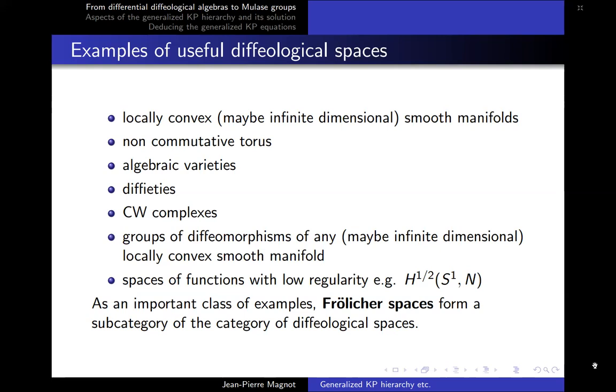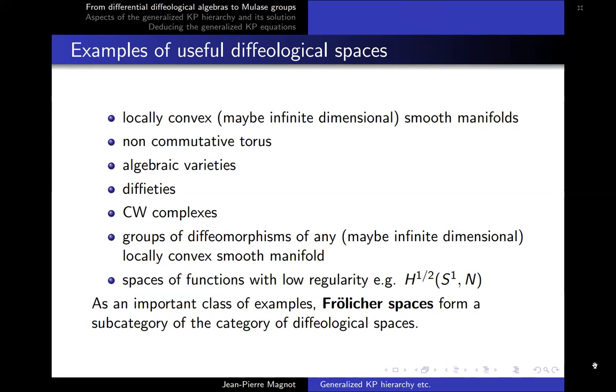Before going on, some examples. Any smooth manifold is a diffeological space, in any case, finite dimensional or infinite dimensional. The only point is that you need to have a locally convex topological vector space modeling the manifold.